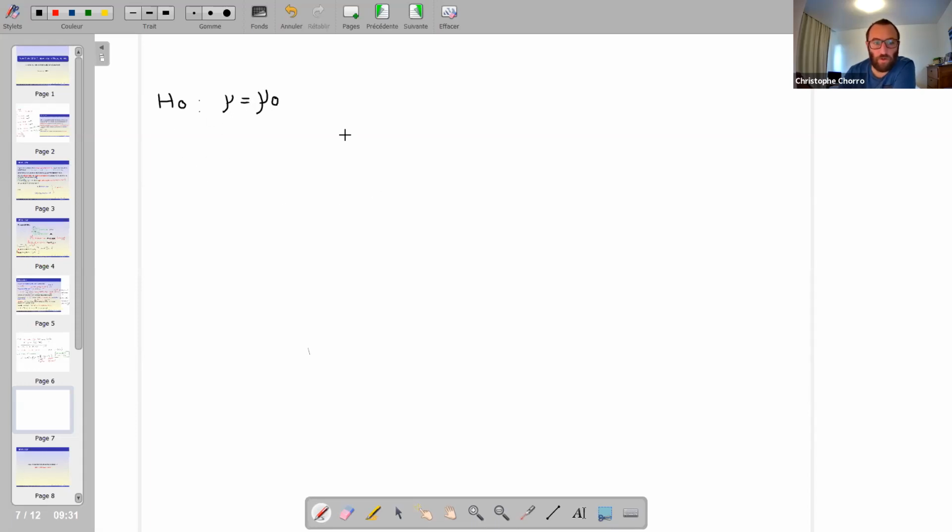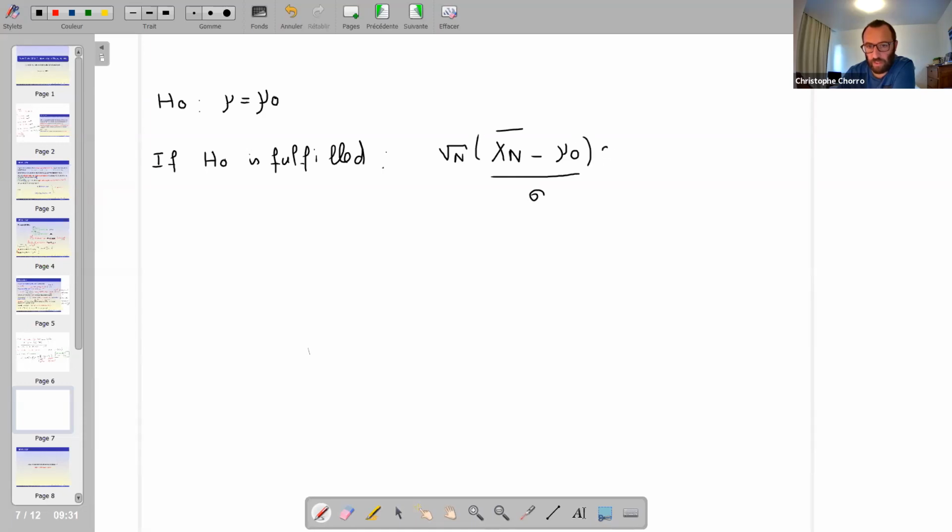And I know that under H0, so if H0 is fulfilled, according to what I have said previously, X̄n minus mu 0 over sigma multiplied by the square root of n follows N(0,1).